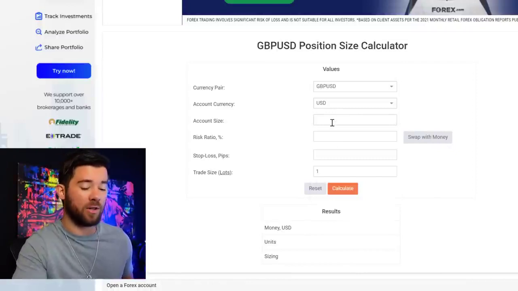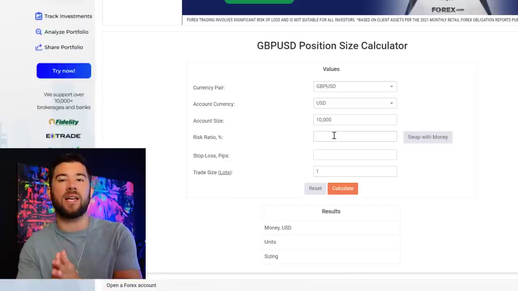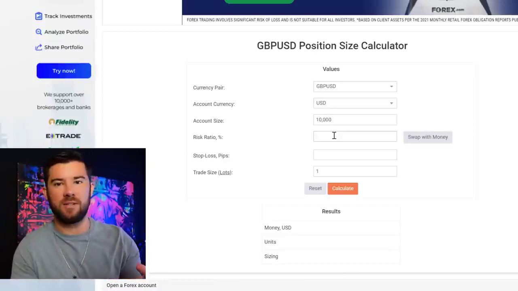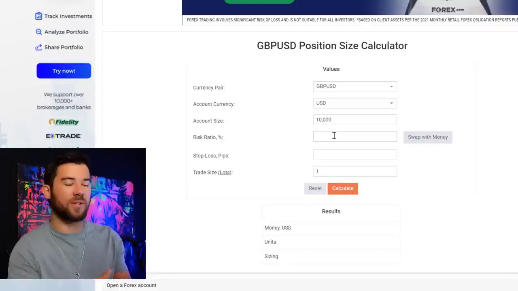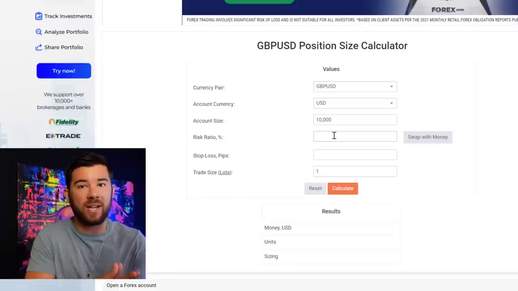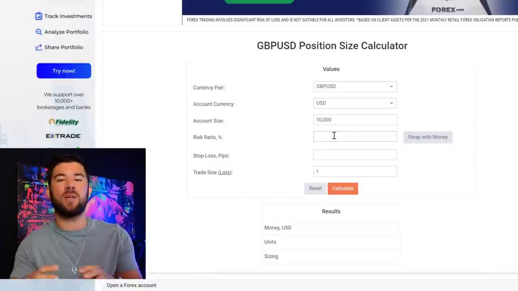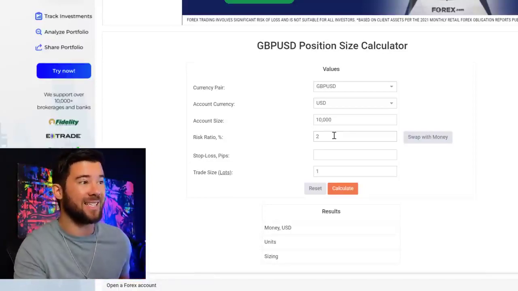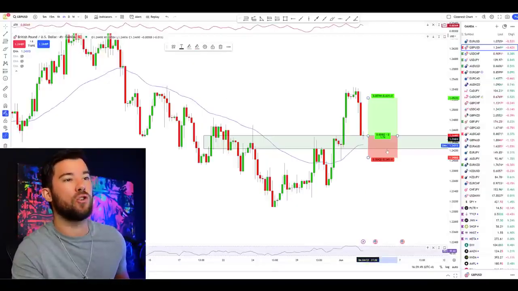We set our account currency as $10,000, and the risk we're trying to take on this trade is 2%. Just so you know, an average across retail traders is somewhere between 1% and 2% of their total account value is what a lot of retail professional traders are going to be risking. So we're going to go with 2% in this case, and our stop loss was 42.8 pips.